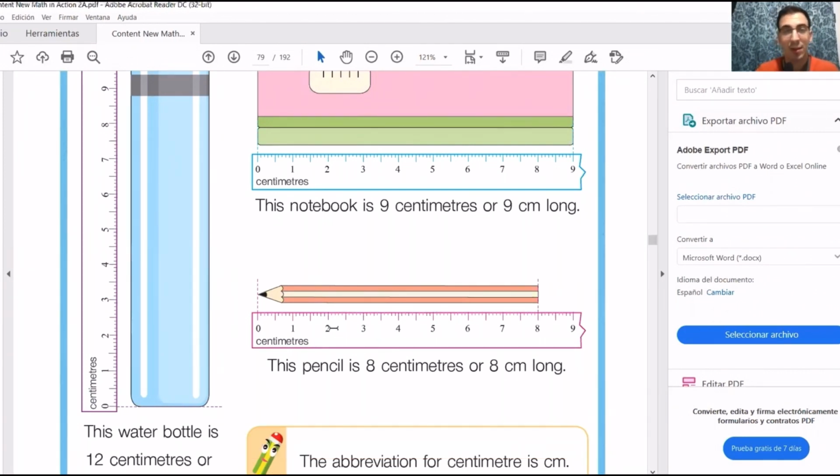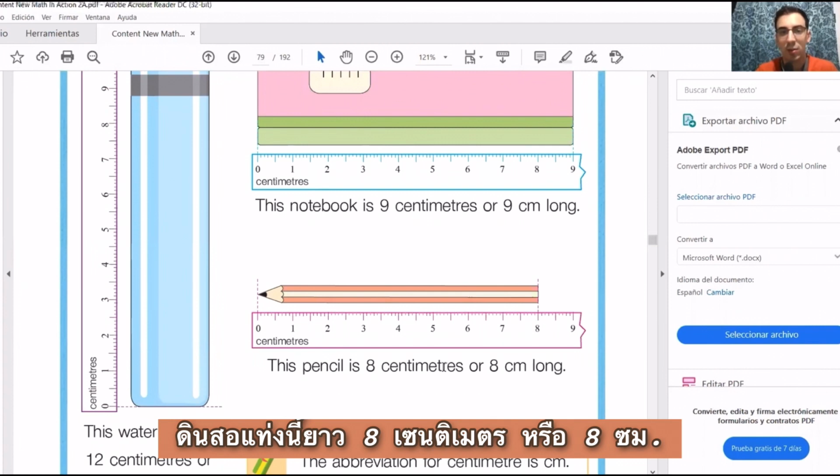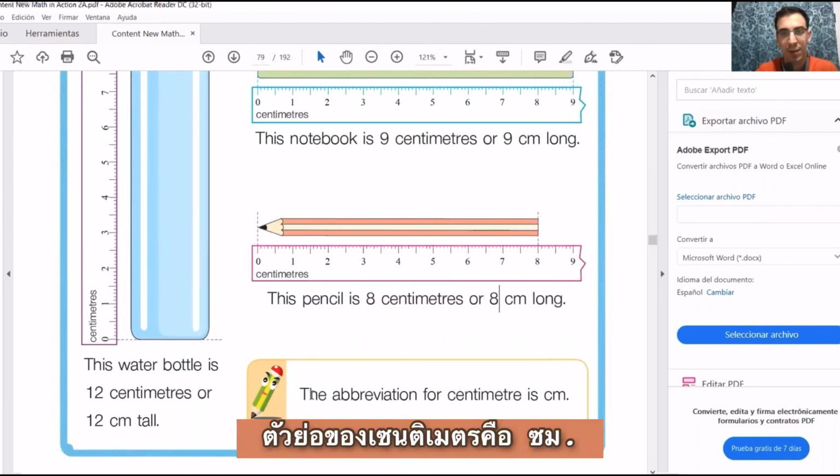Or at least we are not going to use one in the school for sure. So how long is this pencil? From 0 to 1, 2, 3, 4, 5, 6, 7, 8. So the pencil is 8 centimeters long, or 8 cm. The abbreviation for centimeter is cm.